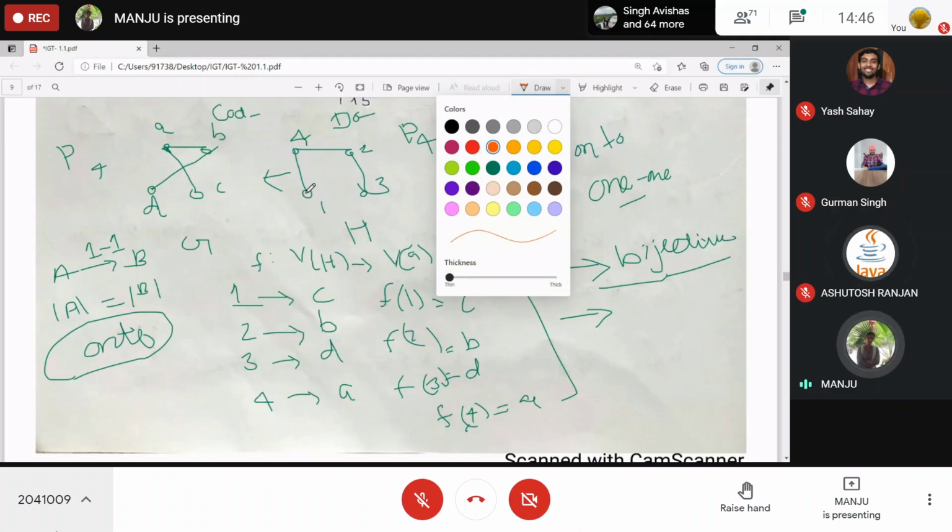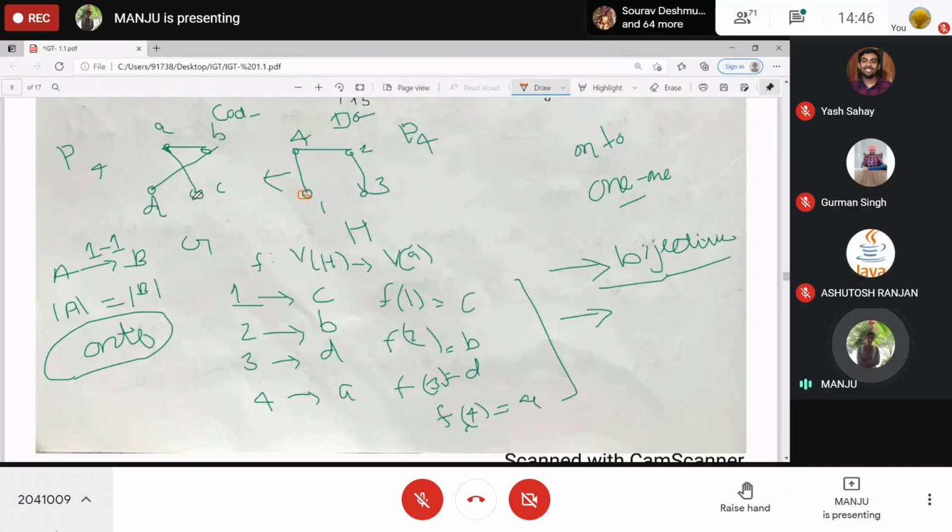Yes, ma'am. 1 is going to C, 4 is going to A. You have defined it like that. 1 and 4 are adjacent, and the corresponding C and A are also adjacent. Next, 4 to A, B, and 2, 3 to B, D. So while defining this function only, you have taken care of this adjacency condition.